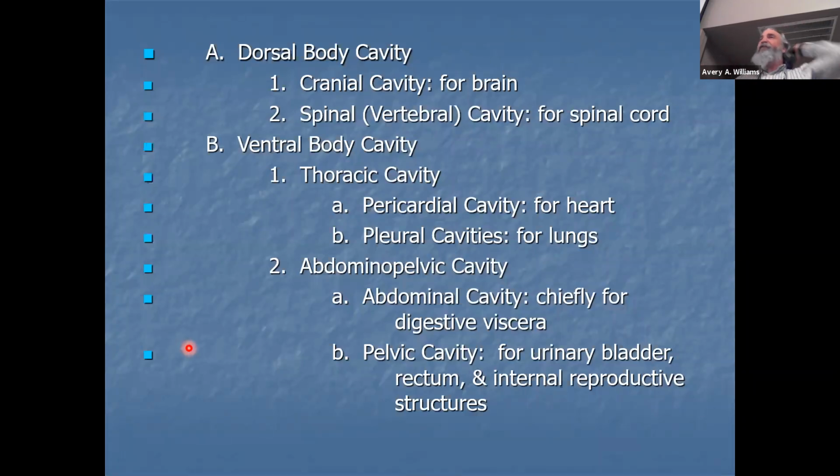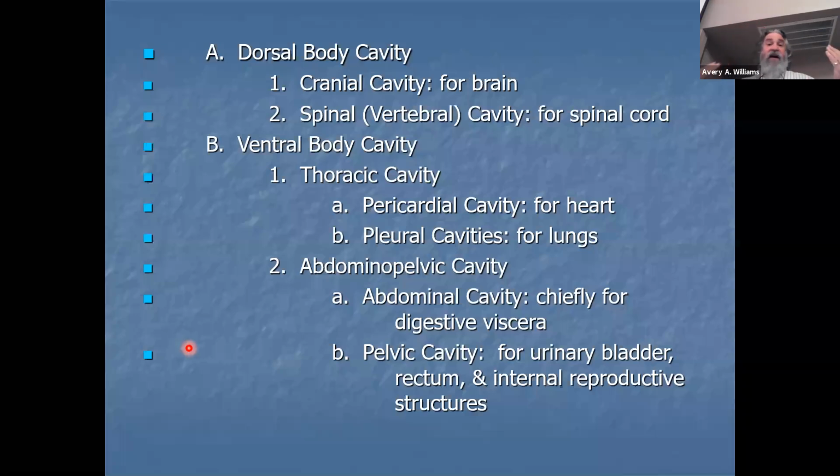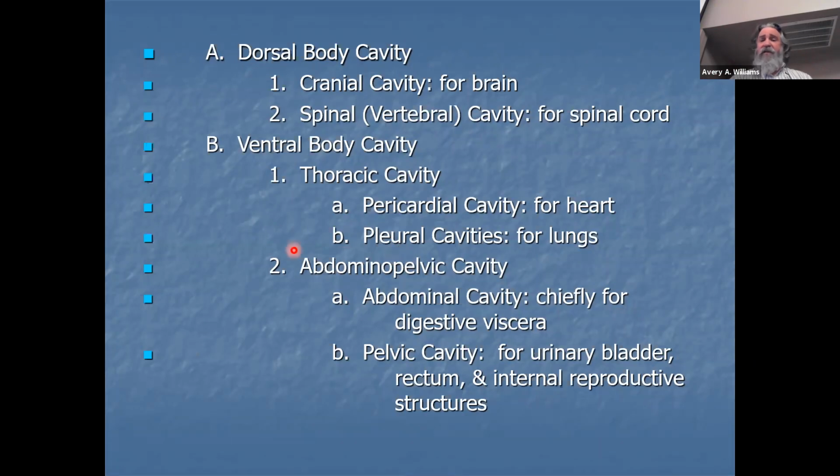That's your pelvis. And there's really not a physical structure that delineates and separates the abdominal cavity from the pelvic cavity. Like there's a diaphragm that physically separates the abdominal pelvic from the thoracic body cavity, so there's a physical structure. There is no physical structure that separates these two.